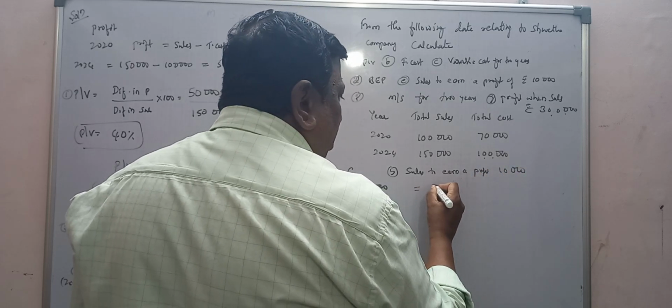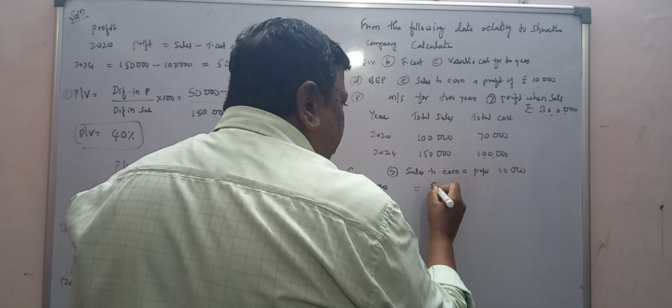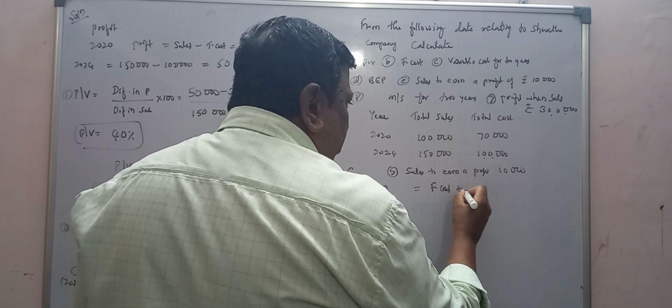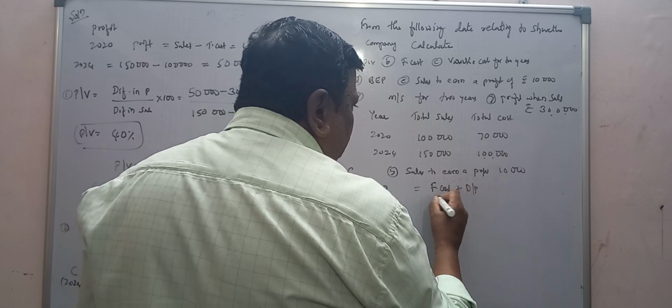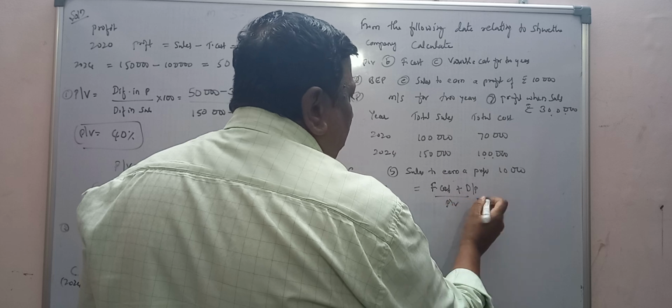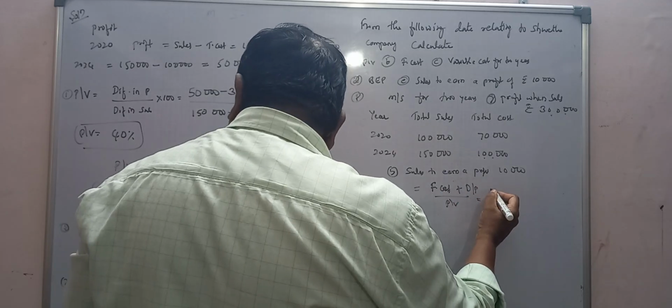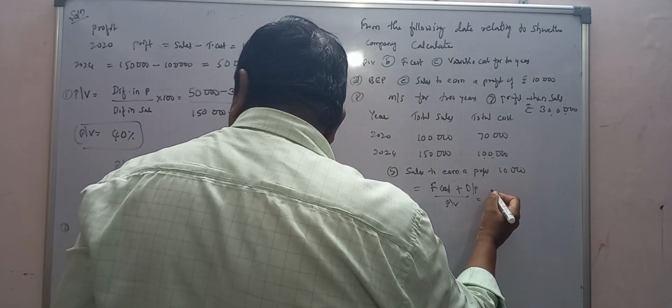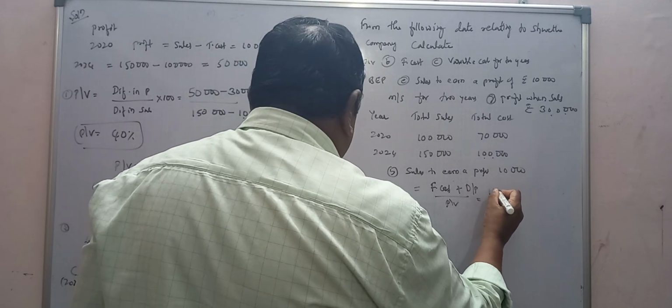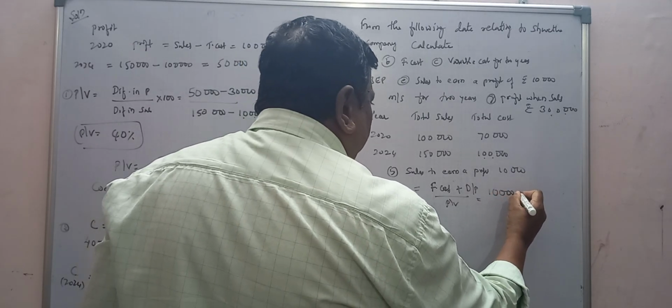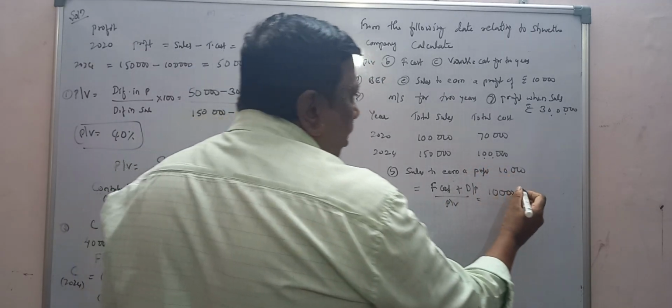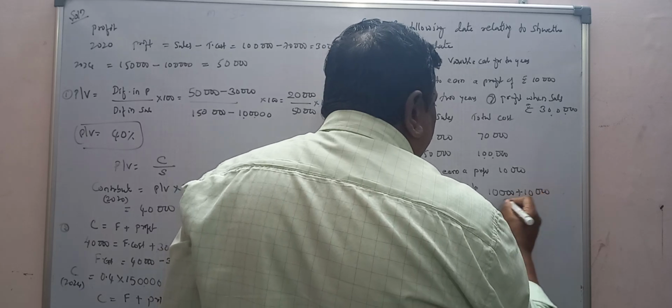It is equal to, I said, fixed cost. We know fixed cost. We need desired profit divided by PV, we know PV. Fixed cost already we got, that is 10,000. 10,000 plus how much we want to earn as profit, that is 10,000, divided by PV.